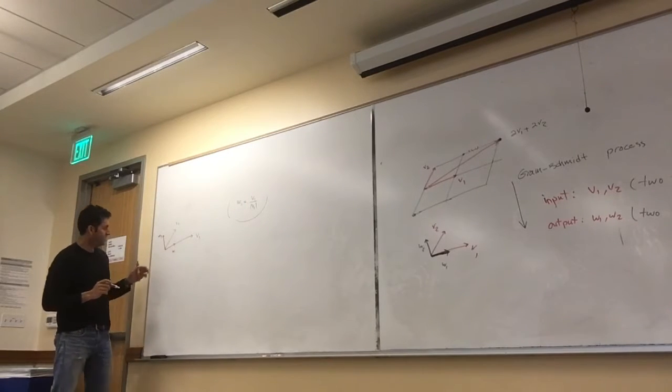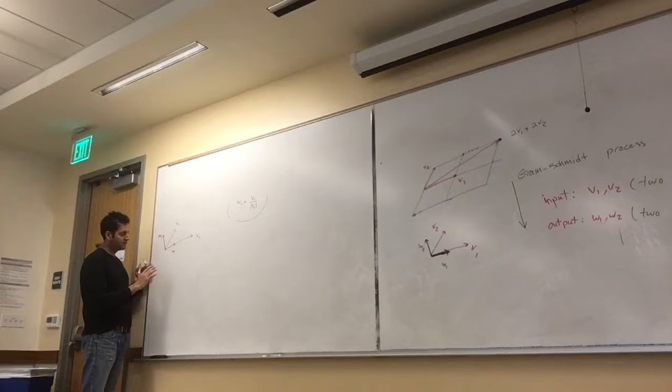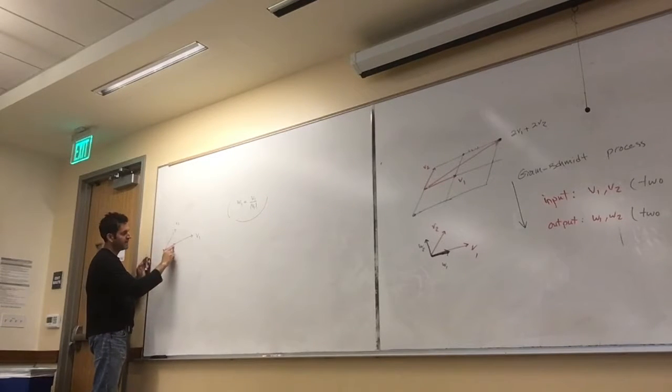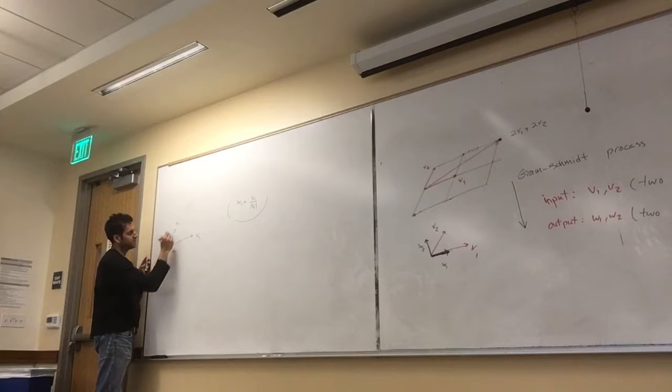Now, this part is easy. The second one gets a little bit trickier. In order to find it, I need to look at this V2 as a combination of this vector and that vector.